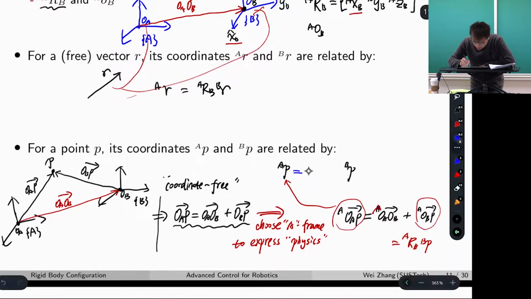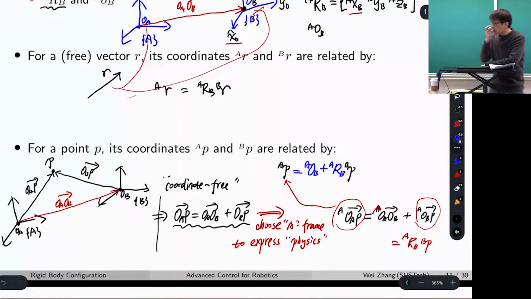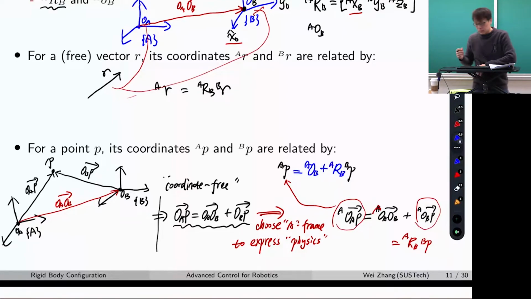This guy is OBA plus RBA times PB. That is the origin plus the point in B, then changed to coordinate A. It is orientation plus this displacement.